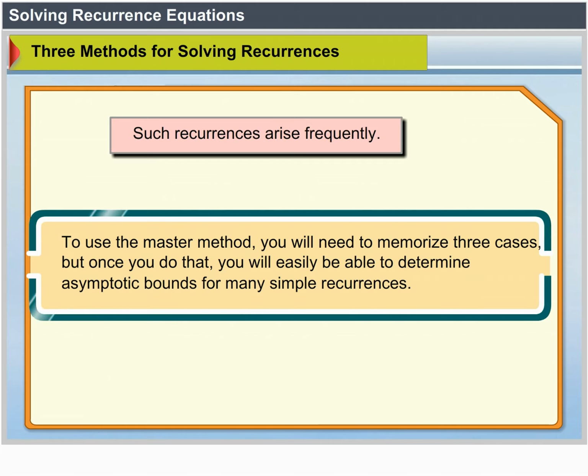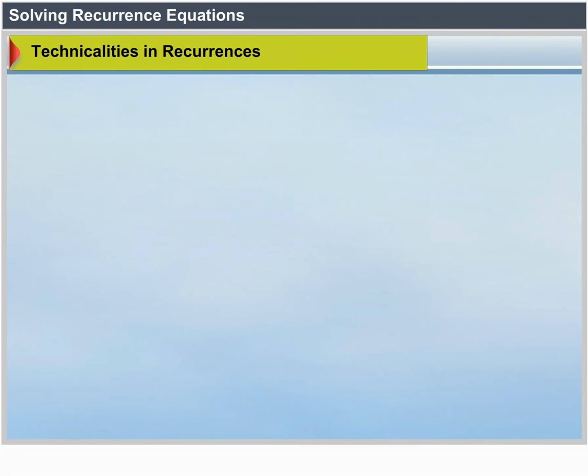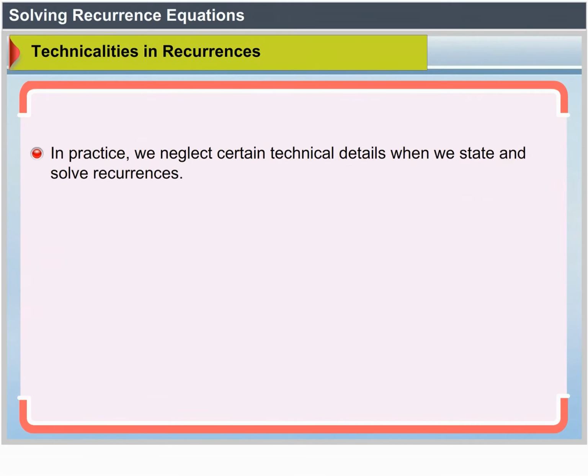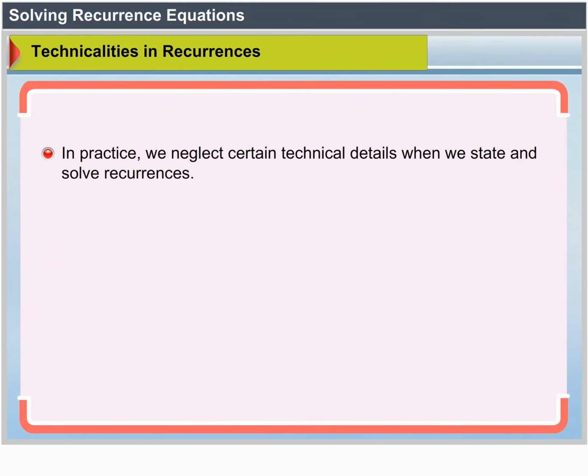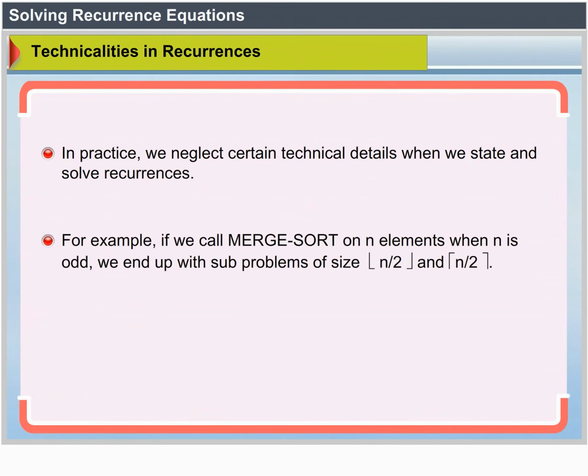Technicalities in recurrences. In practice, we neglect certain technical details when we state and solve recurrences. For example, if we call merge sort on n elements, when n is odd, we end up with subproblems of size floor of n by 2 and ceiling of n by 2.